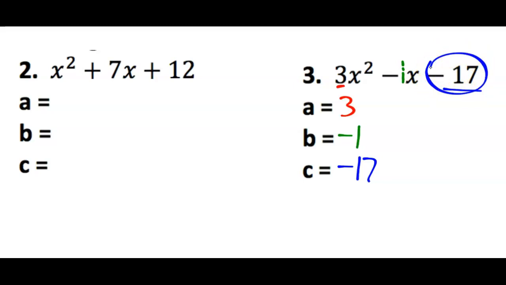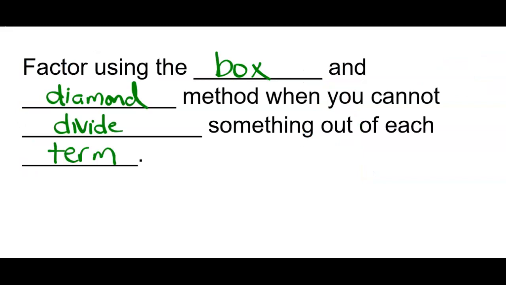Okay, let's move on. We are going to learn a method called box and diamond method, and we are going to use it when we cannot divide something out like we did in the last section. Okay, so how do I set up my box and my diamond?